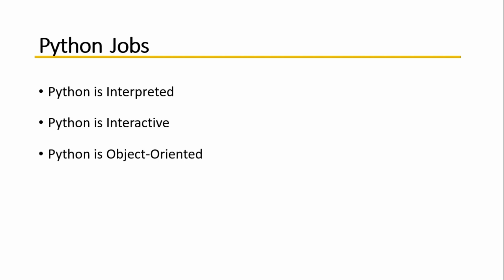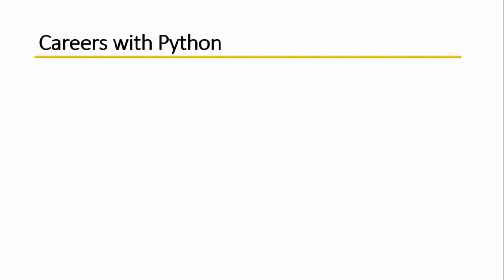Python is object-oriented. Python supports the object-oriented style or technique of programming that encapsulates code within objects. Python is a great language for beginner level programmers and supports the development of a wide range of applications, from simple text processing to world wide web browsers.